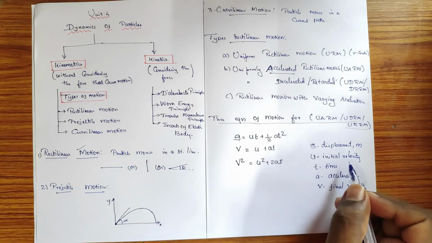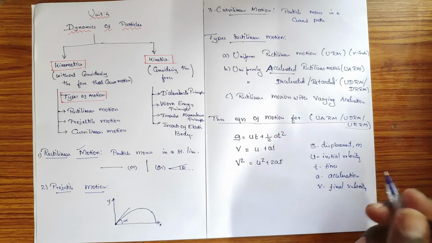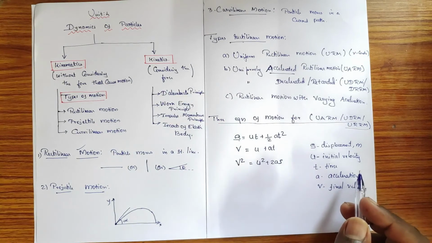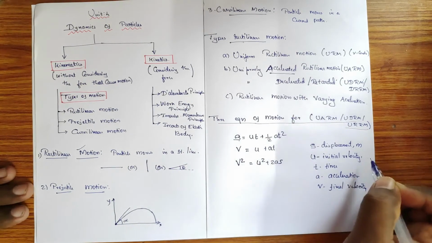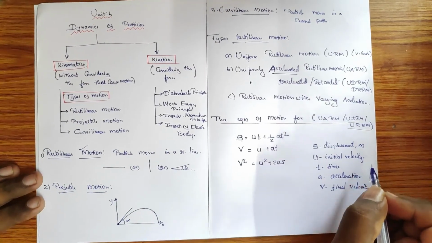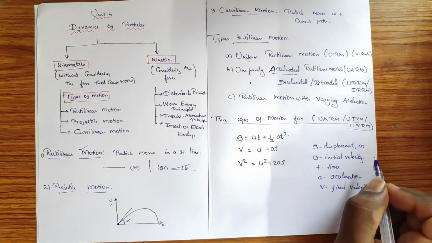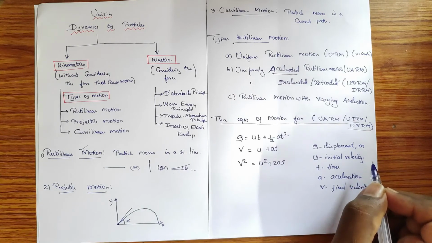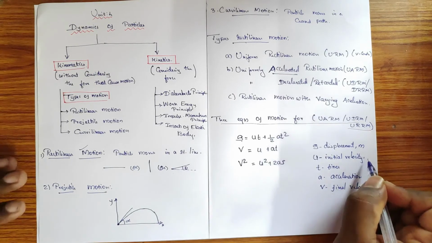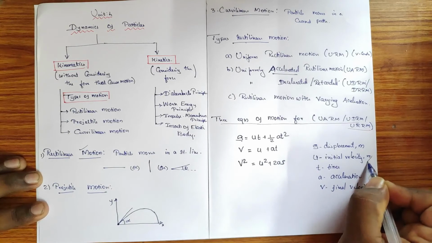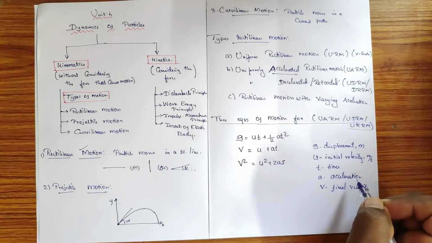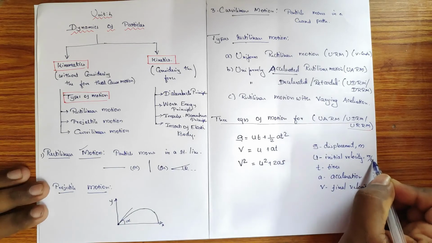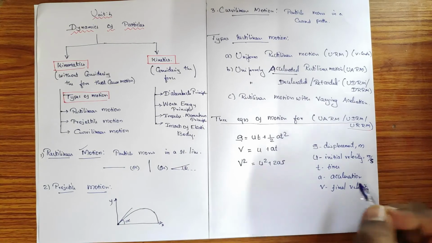Velocity is defined as the rate of change of displacement of the body, that is, distance traveled by the particle per unit time. So meter per second is the SI unit.